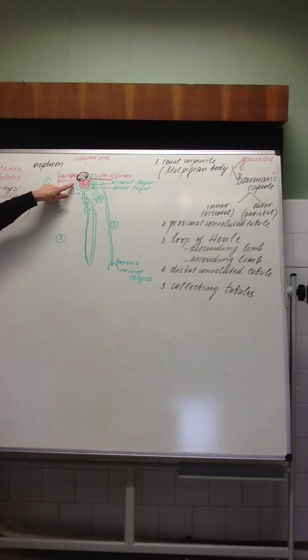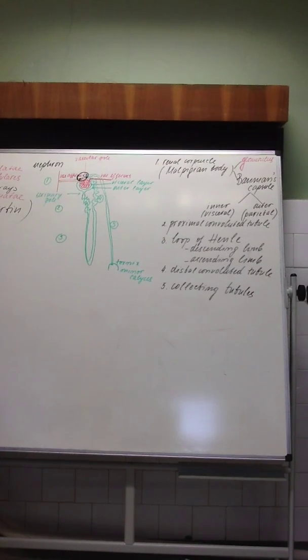It comprises juxtaglomerular cells, which are modified smooth muscle cells of the wall of the vas afferens, and modified cells of the wall of the distal convoluted tubule.